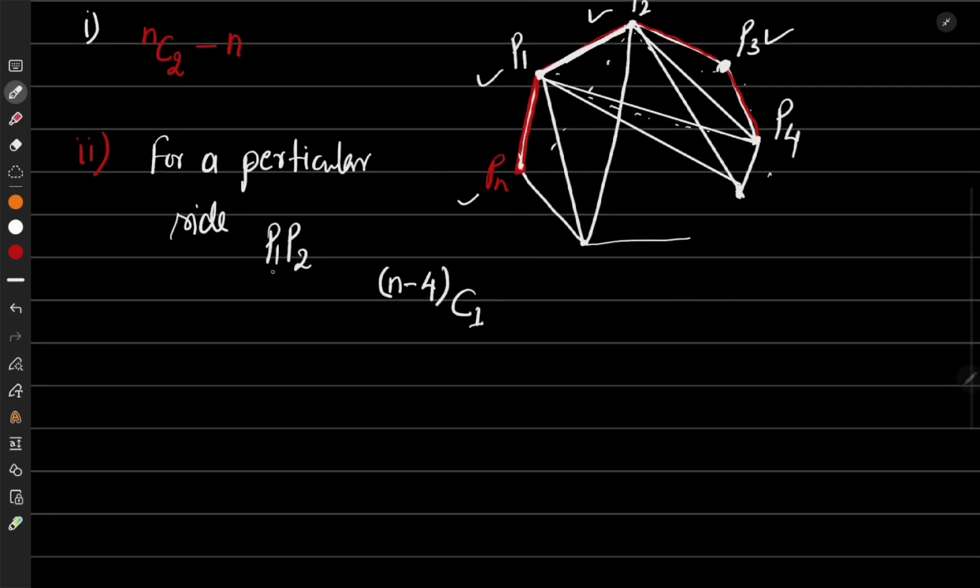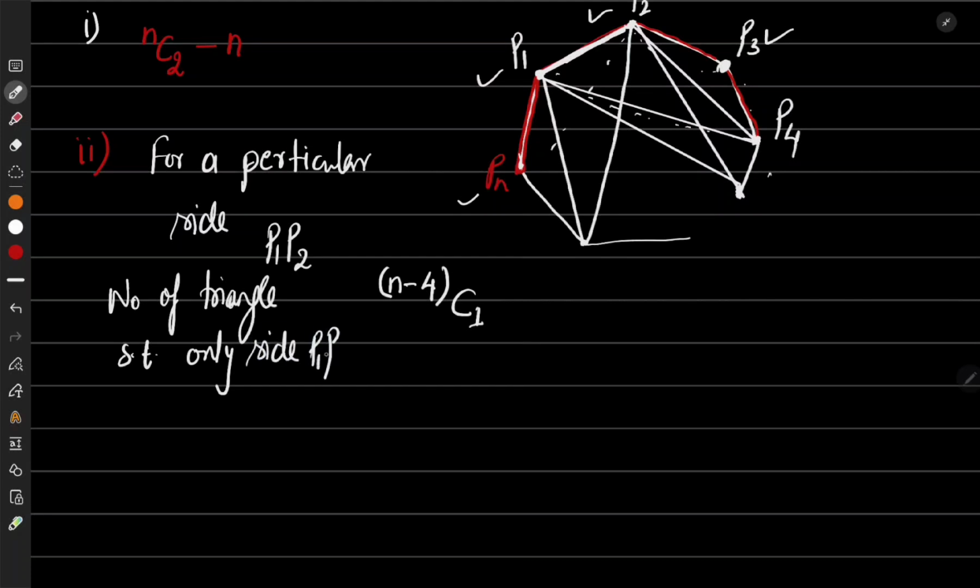For a particular side P1, P2, number of triangles such that only side P1, P2 is a side of the polygon. Okay, so this much.